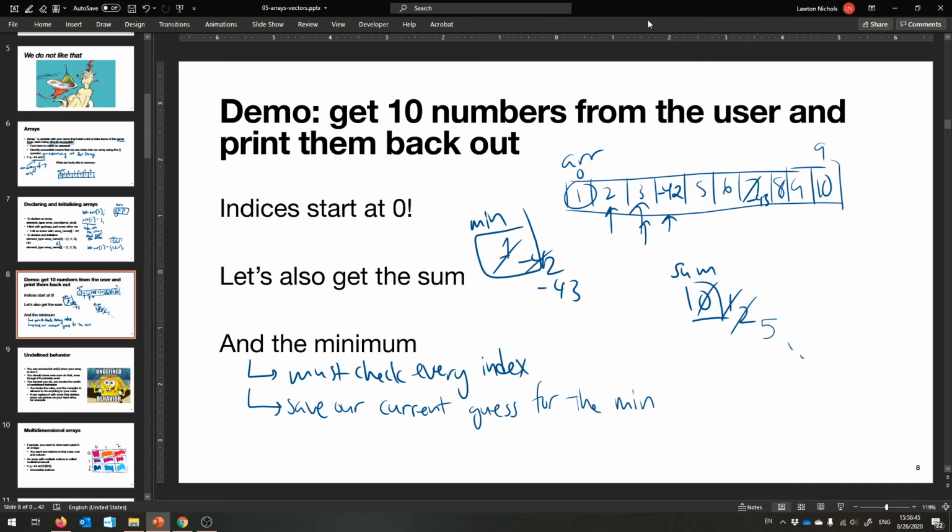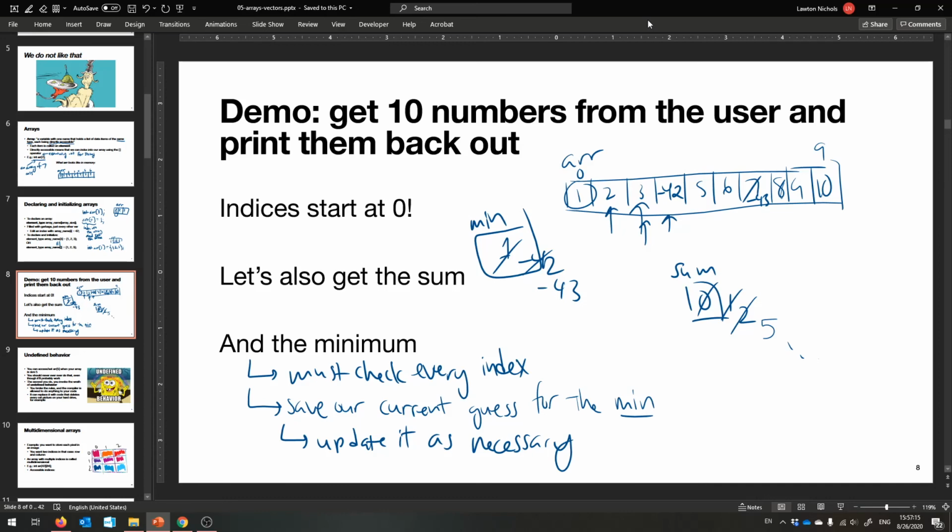So we always need to save our current guess, but we might need to update it as necessary. So this is kind of different from sum, where we're never checking sum each time, we're just adding into it. We have to check the minimum against our current index each time. All right?